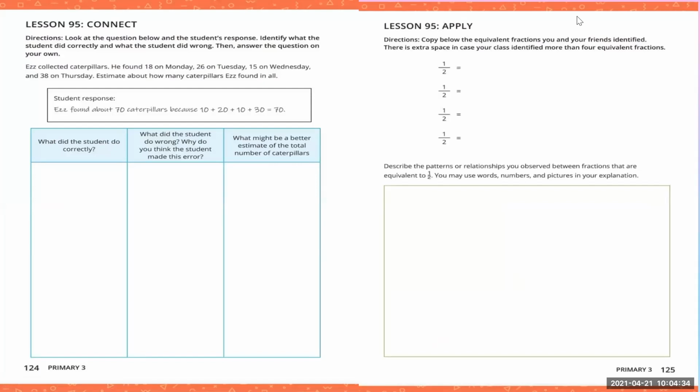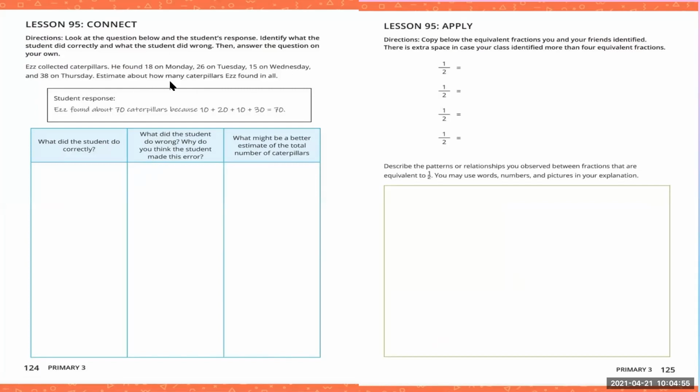We will have some examples here to remember again. Here, a student collected caterpillars. He found 18 on Monday, 26 on Tuesday, 15 on Wednesday, and 38 on Thursday.